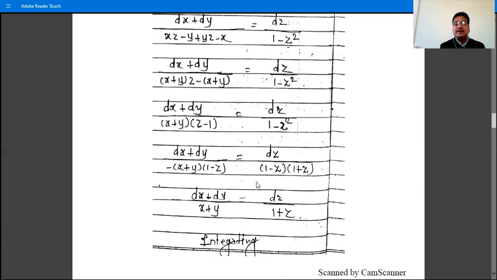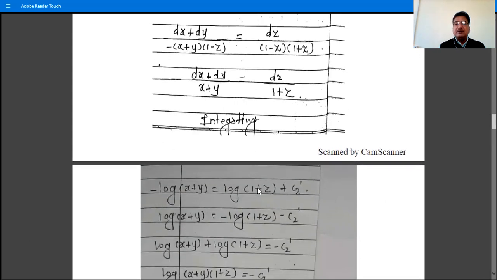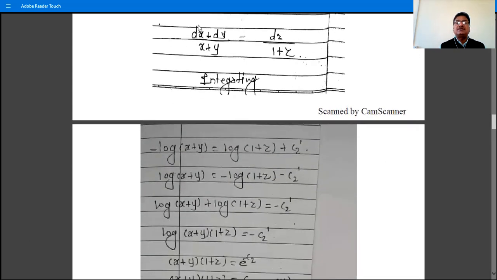So 1 minus z gets cancelled on both sides, and so we have dx plus dy divided by x plus y, and the minus sign is here, minus dz divided by 1 plus z. And if we observe, the derivative of x plus y is dx plus dy, and the derivative of 1 plus z is dz. And so by using the rule f dash x divided by fx, the integration of f dash x divided by fx is log fx.